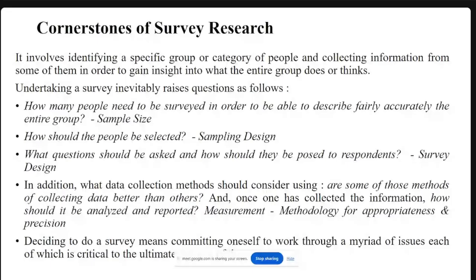Accuracy will increase with sample size, but at a diminishing rate. That means at a certain level of sample size, after that, if you keep on increasing sample size, your accuracy will increase, but not too much.